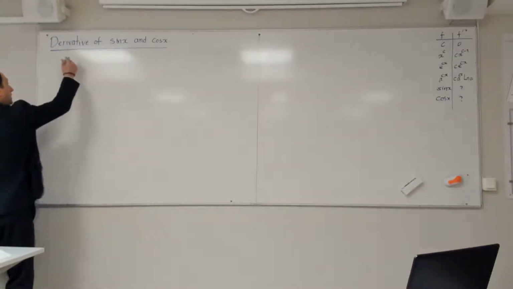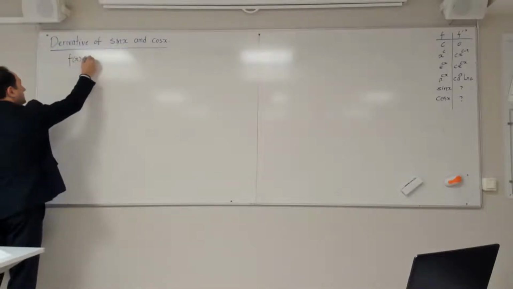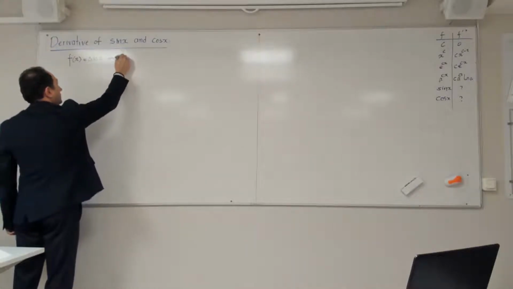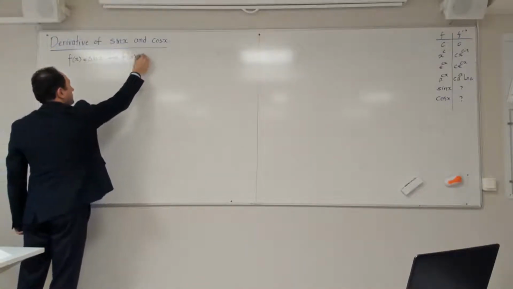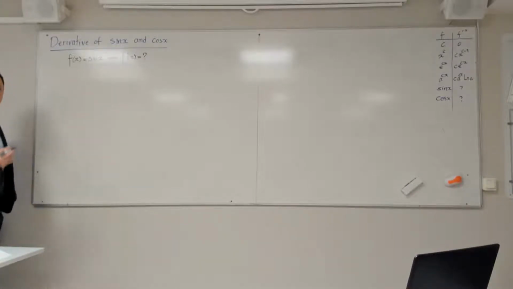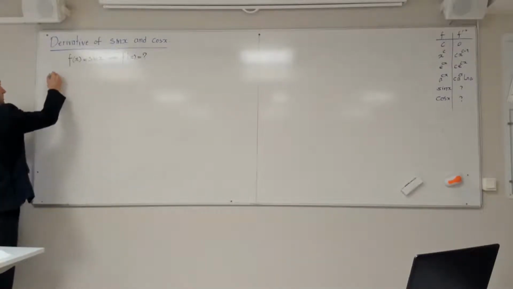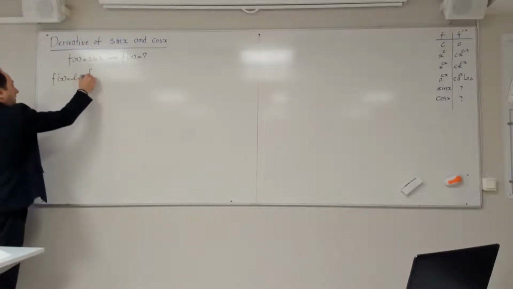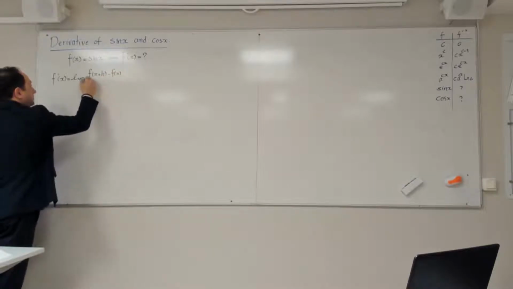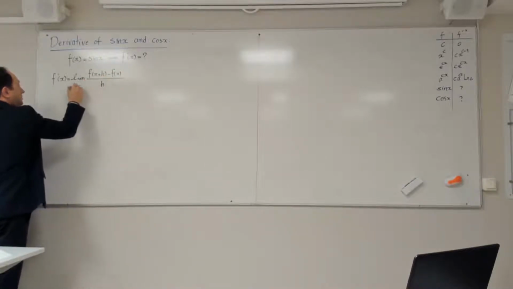So my function f of x is sine of x, and I want to see what the derivative of this function is. What I have is just the definition of the derivative, yes? So f prime of x is the limit of f of x plus h minus f of x, divided by h, as h goes to 0.